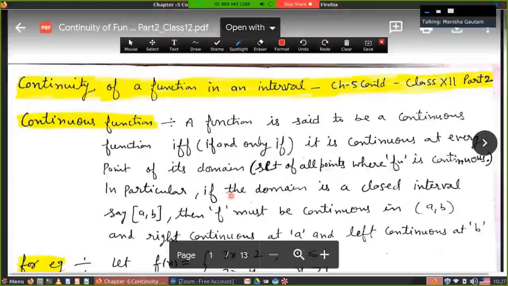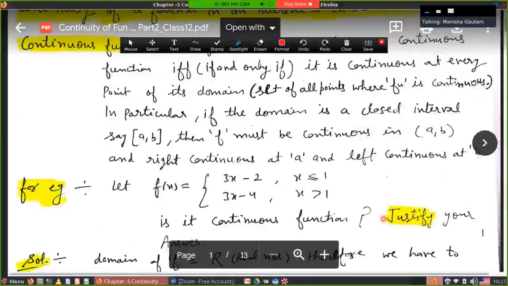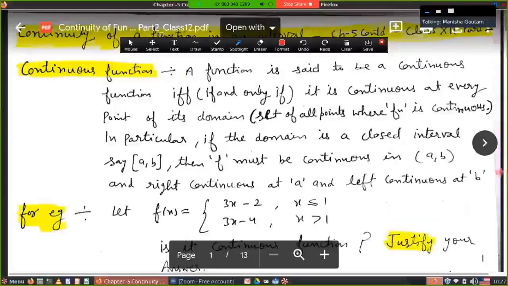In particular, if the domain is a closed interval from A to B, then f must be continuous in the open interval AB, right continuous at A, and left continuous at B. It means that when you are talking about the continuity of a function in a closed interval, the function should be continuous at A, at B, and at the points in between A and B.